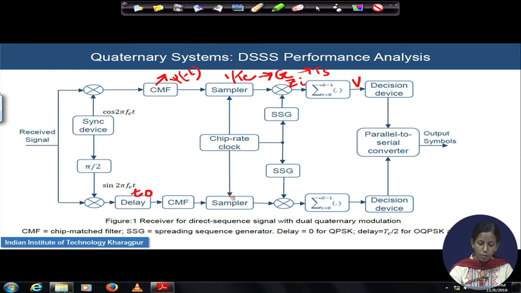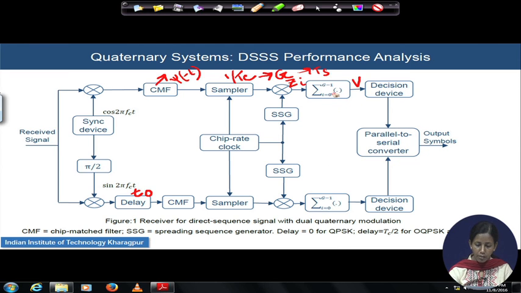And remember, now from here onwards, as you have delayed the other carrier by T0 to sync with the first carrier, the same clock circuit can drive the sampling of both paths, and the same spectrum generator signal can be applied to both of them.